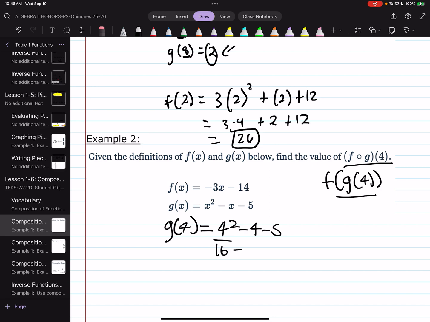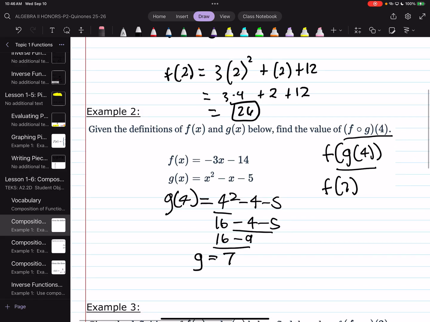That's 16. And so now we know that g equals 7. So here we put f of 7, and then we're going to put the 7 into the other equation.